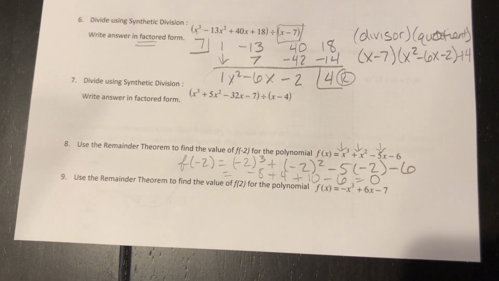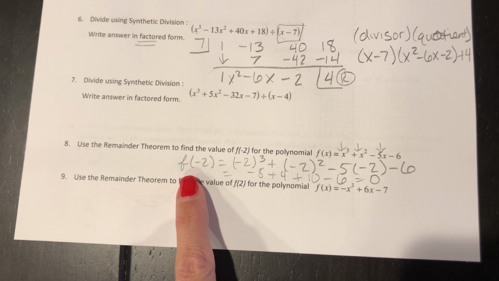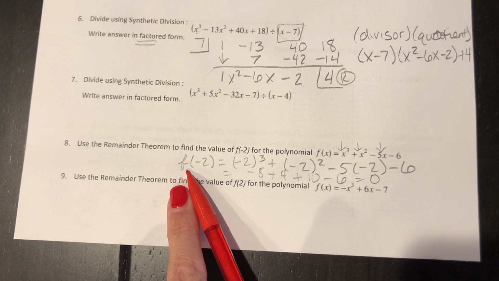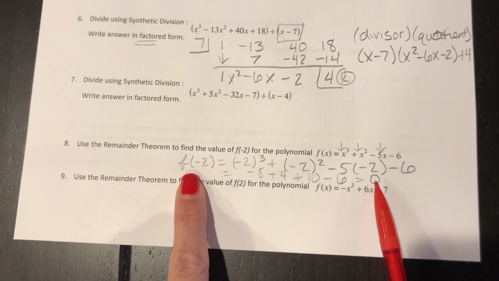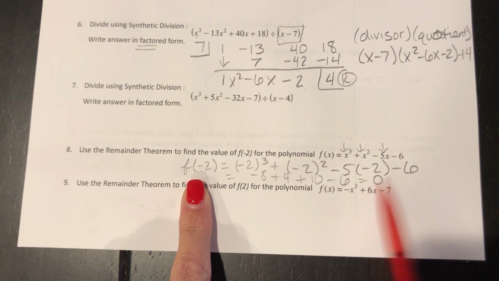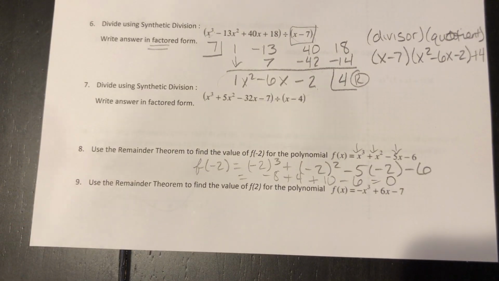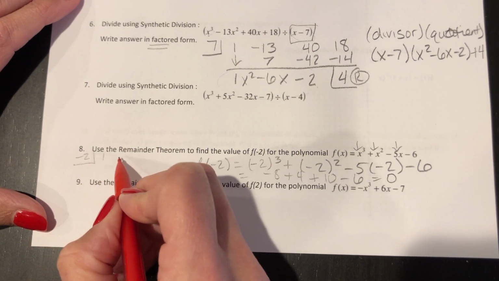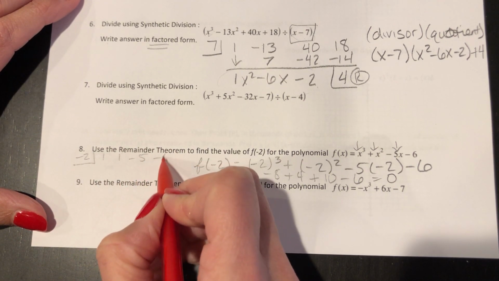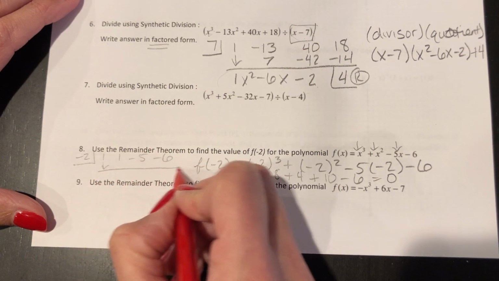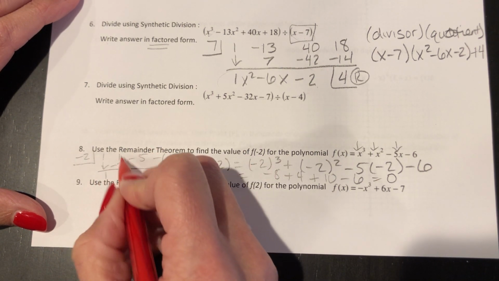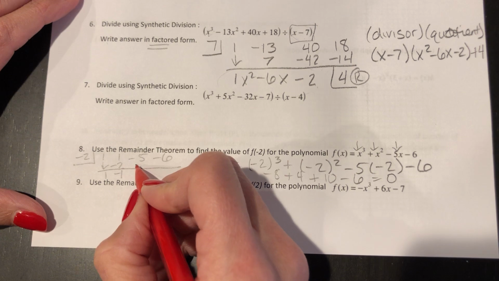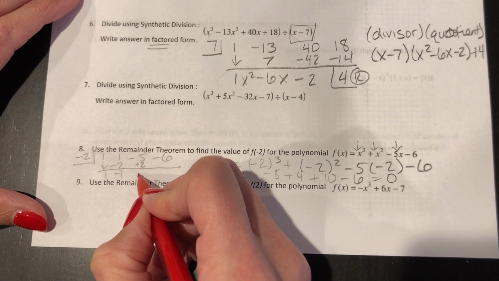So now the remainder theorem says that my function evaluated at negative 2 is 0. But I also could have found that by synthetic division. So I would set it up like this. And then I would do my process.